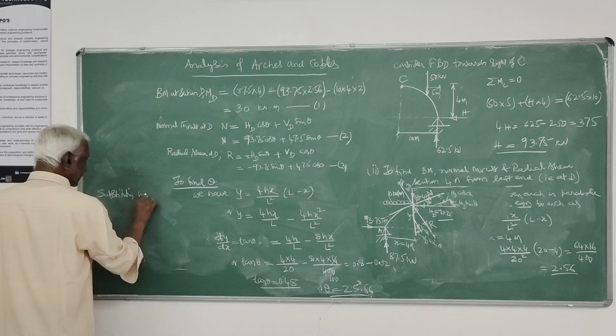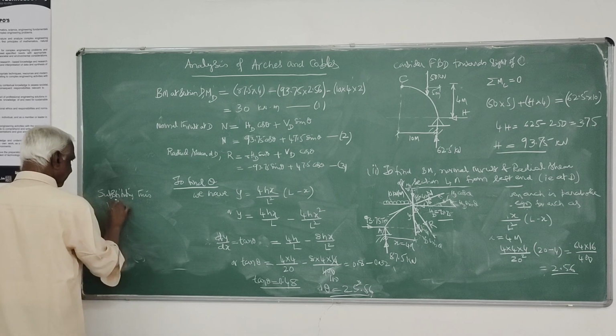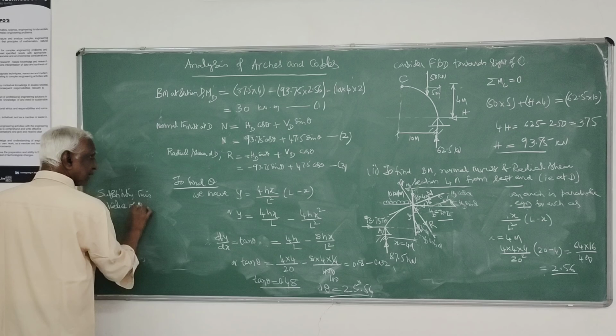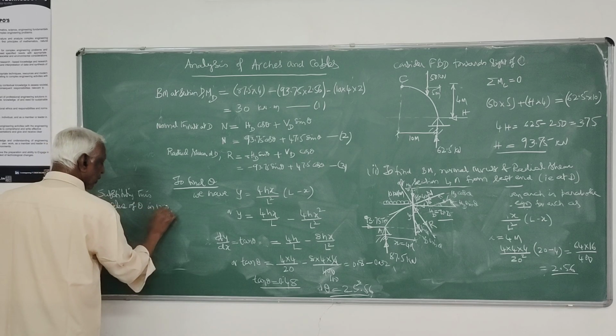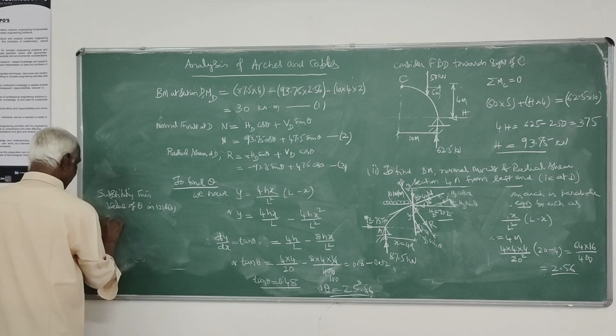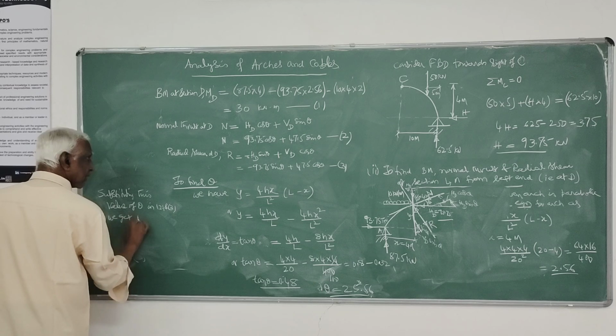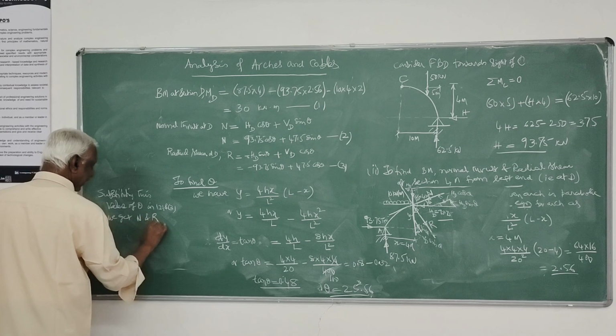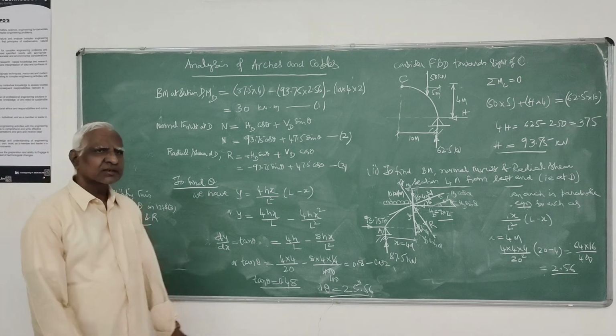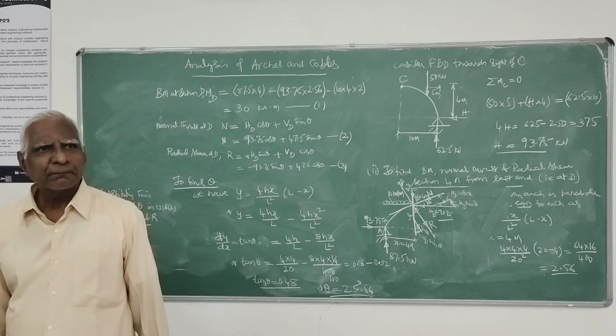Substituting this value of theta in equations 2 and 3, we get normal thrust and radial shear. So that completes the problem.